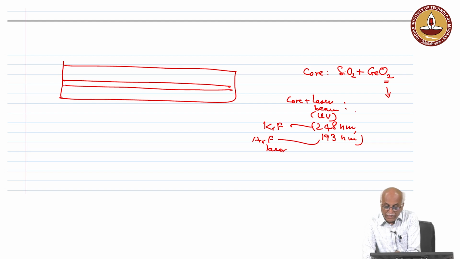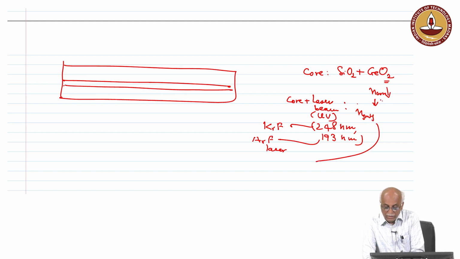Because of that we see some material characteristic change, so n core changes by a small amount. Wherever the interaction takes place, n grating will be slightly different from n core.